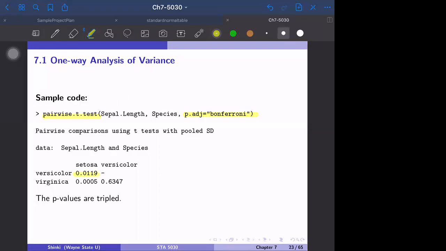And actually, these p-values are 3 times as large as the previous ones. Last time we had 0.00398 or something, and this becomes this. So it's still significant at the 5% level. But if the original one is very close to 5%, then it becomes insignificant if we use this adjustment.